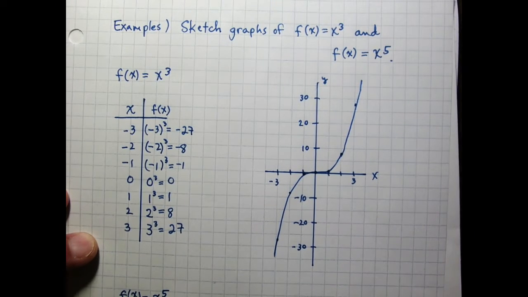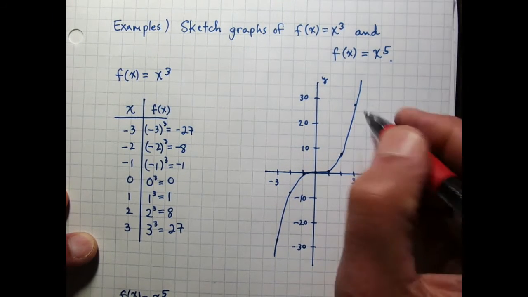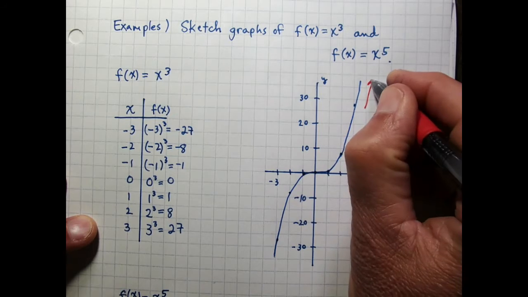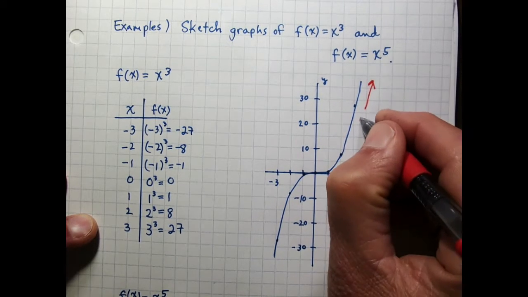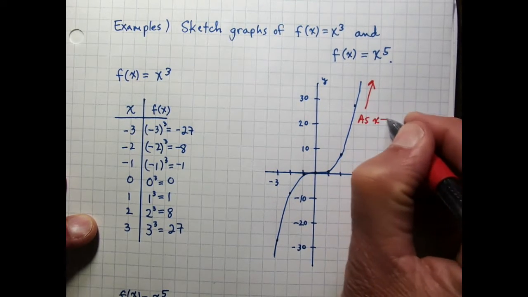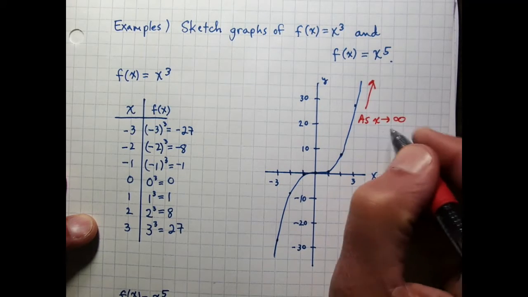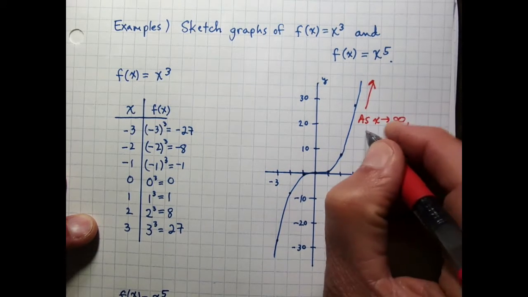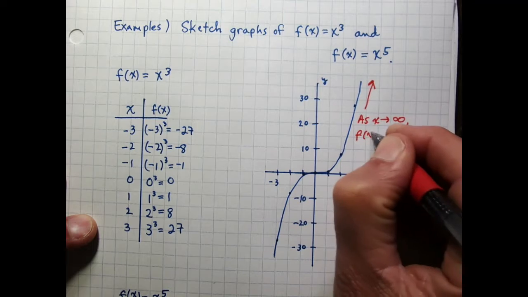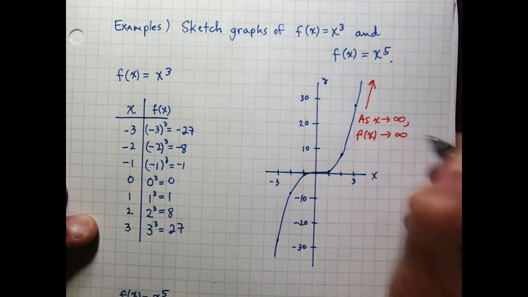And we can note the end behavior, right? The end behavior as x approaches infinity is the same as the end behavior for even powers of x. So f of x approaches infinity.